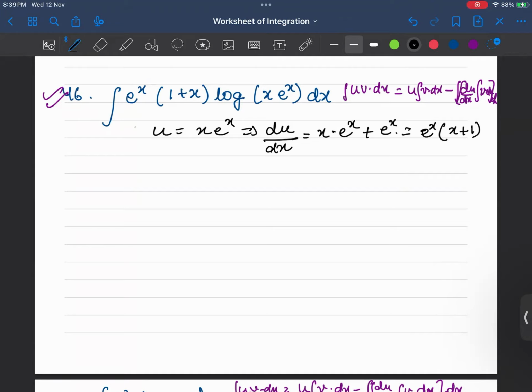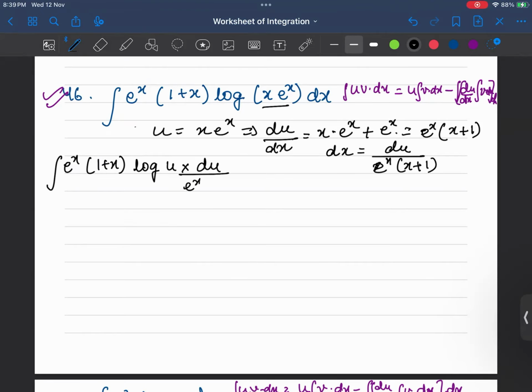I can write it like this: dx would be du upon e power x, x plus 1, or 1 plus x, whatever. Now, substituting this value in the question, it would be e power x, 1 plus x, log of u in place of x e power x, and in place of dx, it would be du upon e power x, x plus 1.